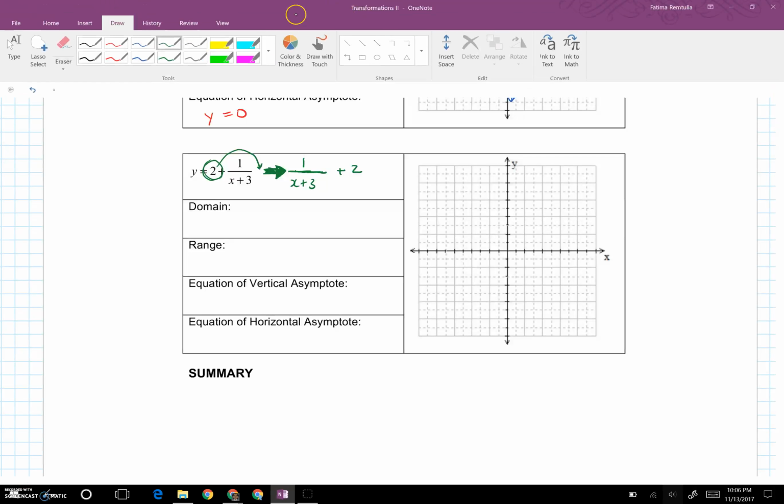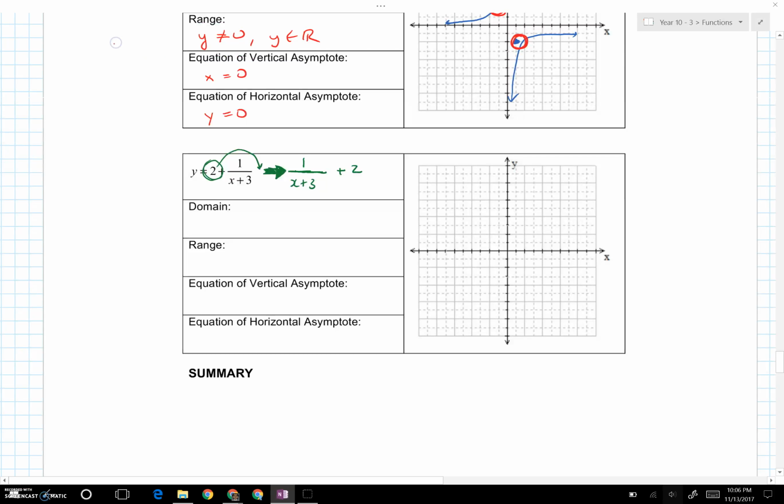So if I were to give this a wild guess based on my understanding of transformations, this plus 3 means that it went to the left 3, and this plus 2 means that it went up 2. So if everything went 3 to the left, that means the asymptote that was at 0 now moves 3 to the left. So my asymptote is now here at x equals -3.